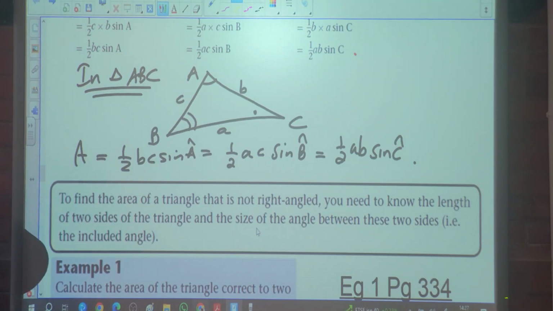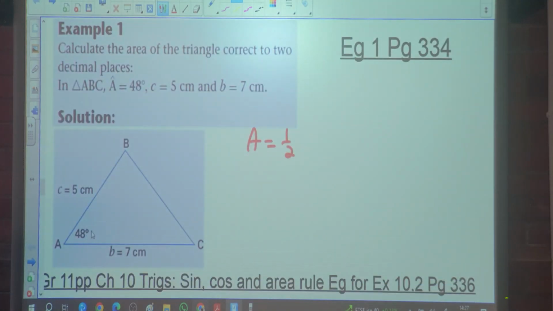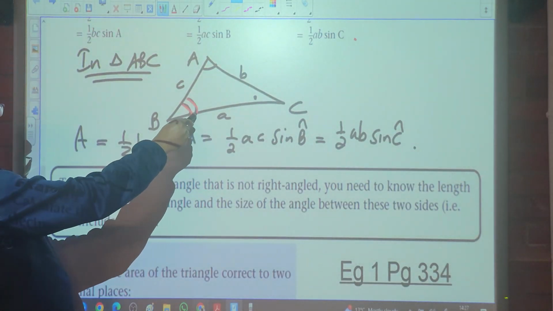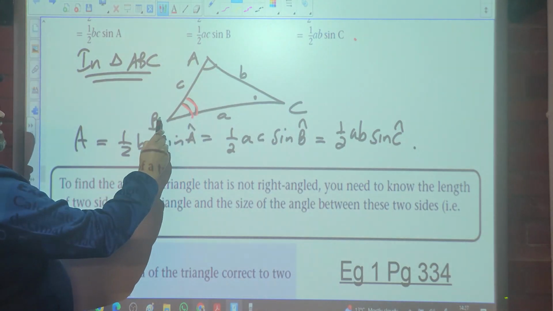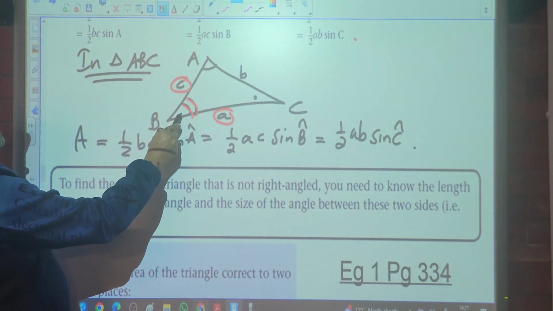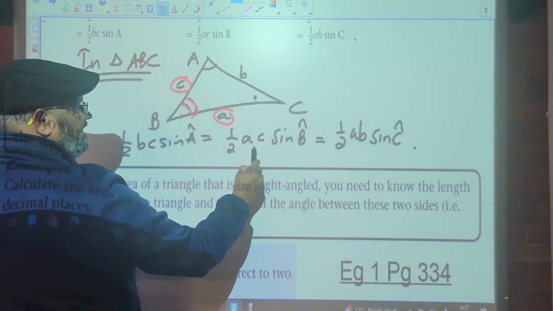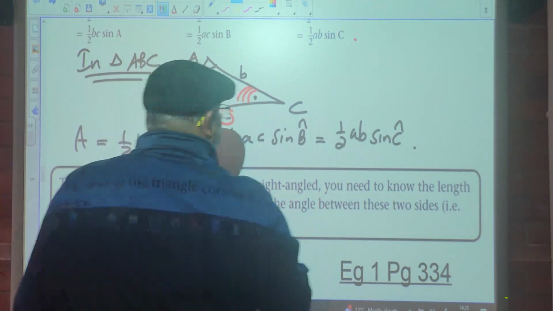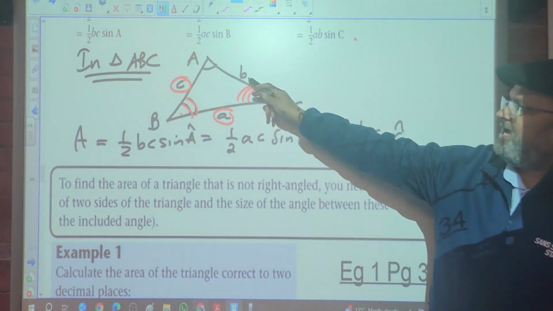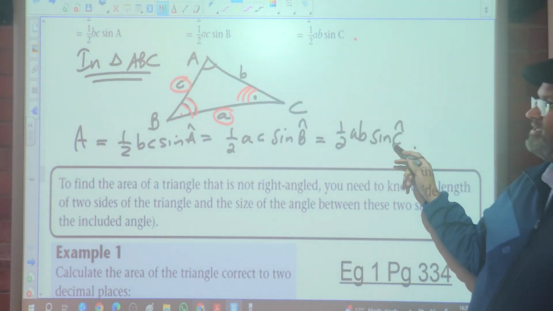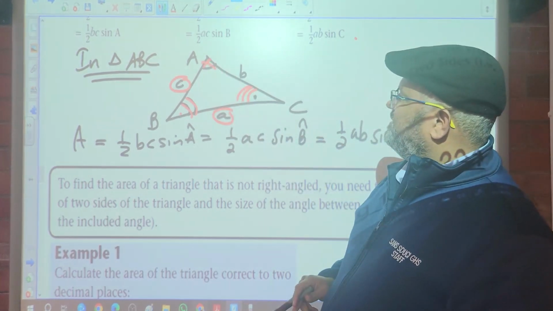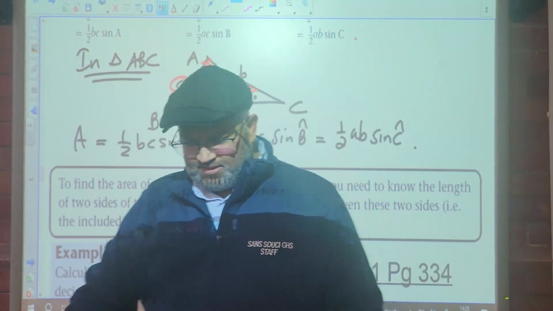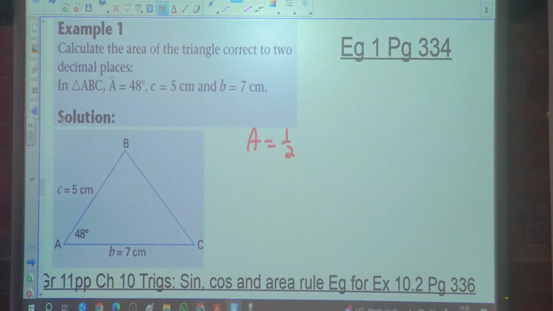What do we have? If we look at this triangle, we have this angle here, it's as if we have B, not so? So it's going to be half of AC sine B. If we add this angle here, it's going to be half of AB sine C. If we have that angle A, it will be half of BC sine A. Now if we look here, what do we see?